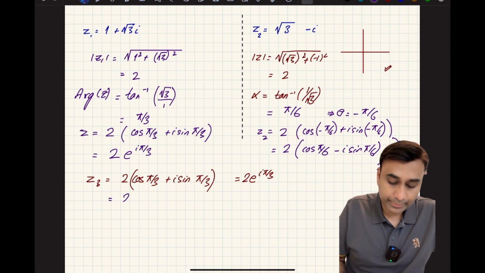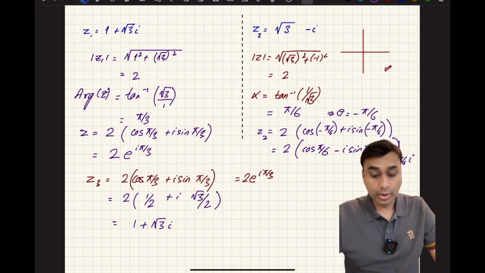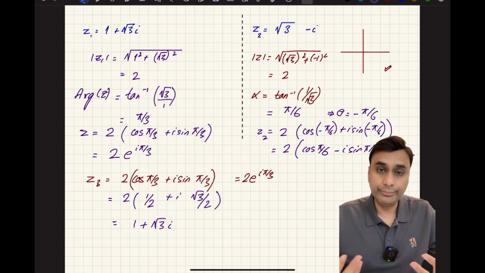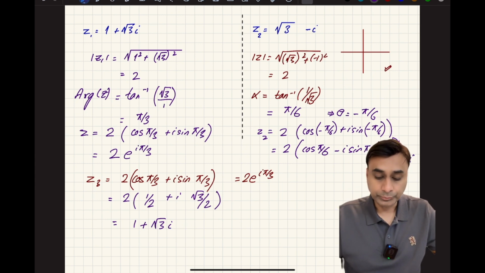So 2 cos of pi by 3 would be 1 over 2 plus iota sine pi by 3 would be root 3 over 2. And you can simplify it and it becomes 1 plus root 3 iota. So the process of converting polar form into a rectangular form is very straightforward. You just have to type it down into the calculator and you will be able to get your answer.